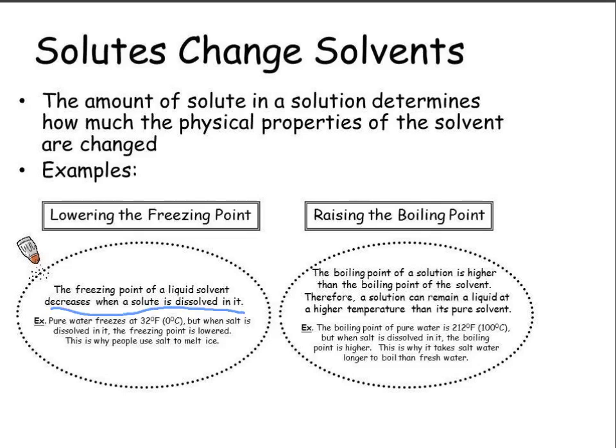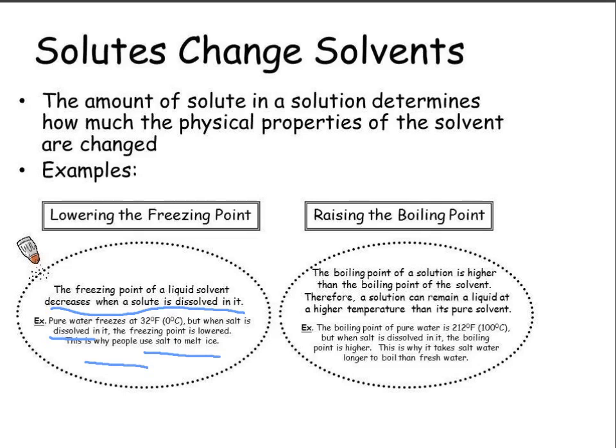A very good example is pure water, which freezes at 32 degrees Fahrenheit or 0 degrees Celsius, but when salt is dissolved in it, its freezing point is lowered. This is why people use salt to melt ice easily. So at home, if you want to melt ice easily, you use salt.